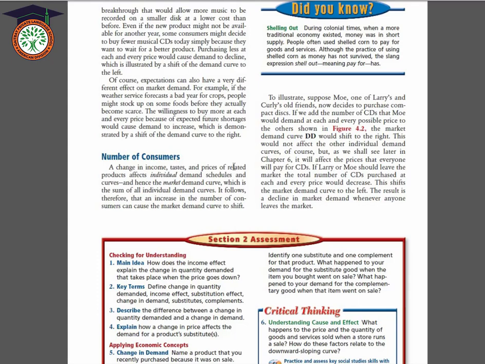So the change in the demand happens, maybe sometimes at a fixed price, according to the consumer income, the consumer taste, the substitute products, the complements, the products that are serving or completing another or relying on another product, and the change in expectation, and the last one was the number of consumers.